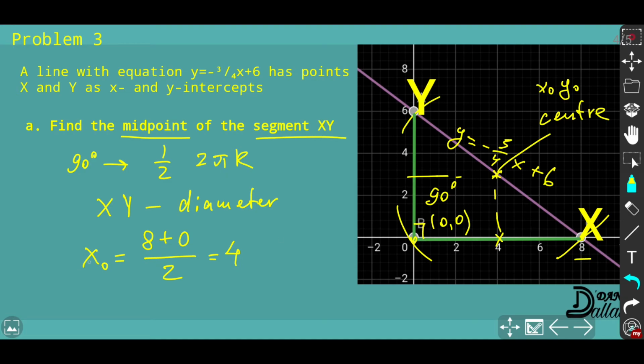So right now, let's have a look. We defined the x coordinate as the semi-sum of the x coordinates of the corresponding points for y and x, right? In the same way we can define the semi-sum for the y coordinates, okay? That's going to be 3. So that's why the center will have the following coordinates: 3 for y and 4 for x.